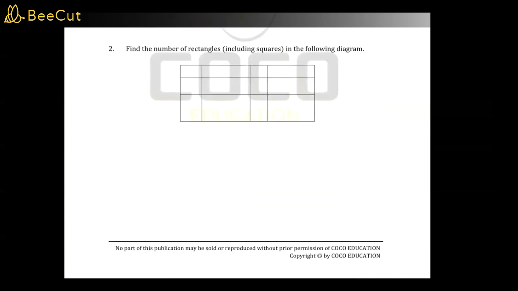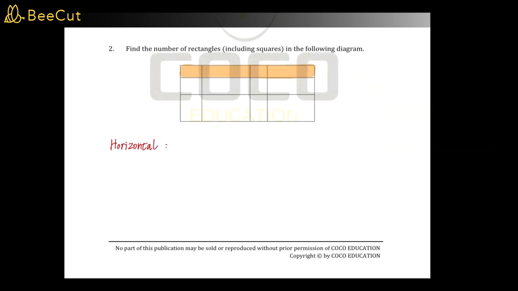For question 2, so to check the number of rectangles, first we can see in the horizontal direction, right?